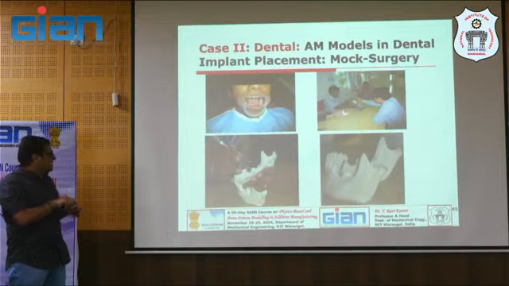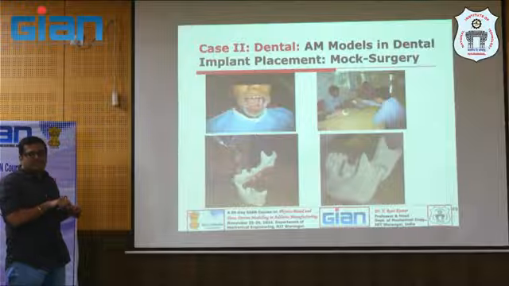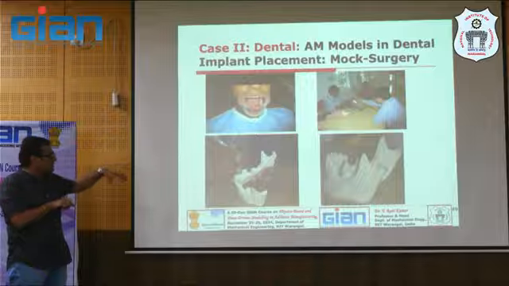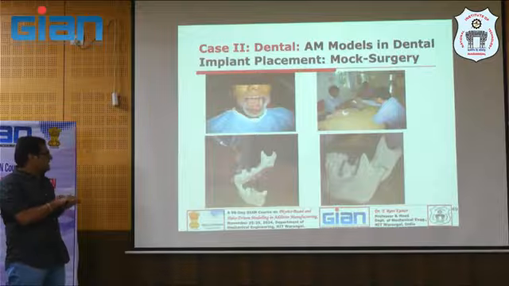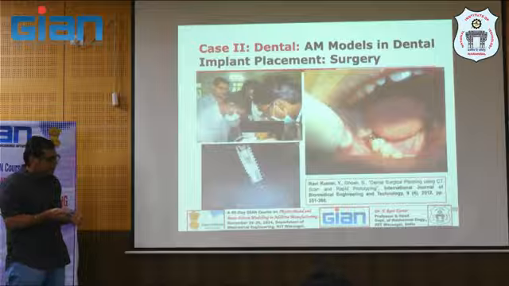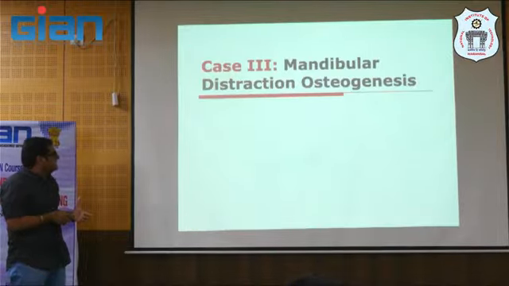So you can give these models, sit with them and let them rehearse the surgery, like what could be the diameter of the drill, right? Pilot drill and all that they can do on this, and what could be the orientation, the depth, right? And what could be the diameter. So all that they can rehearse or plan, and straight away they can go to the operation theater and fix during the surgery, right? This is where we can make use of this.